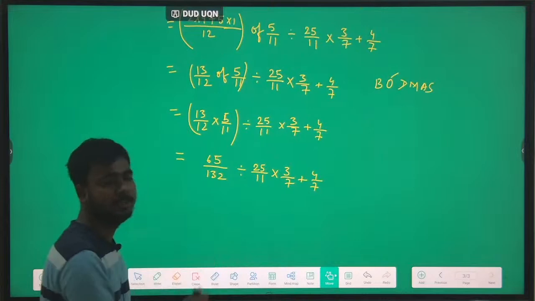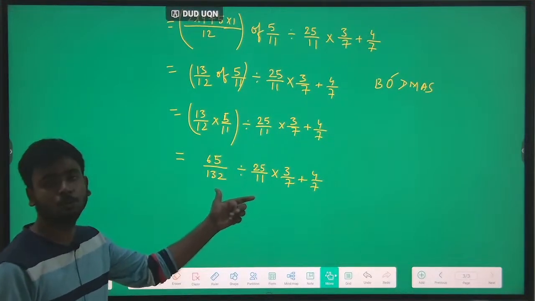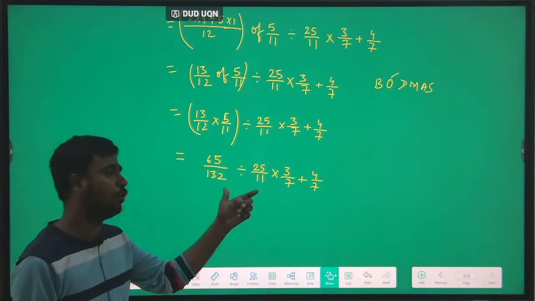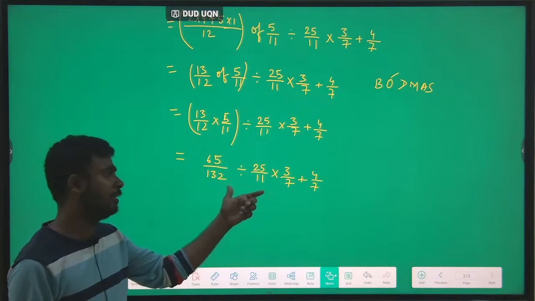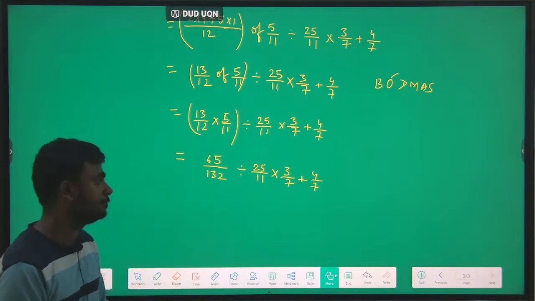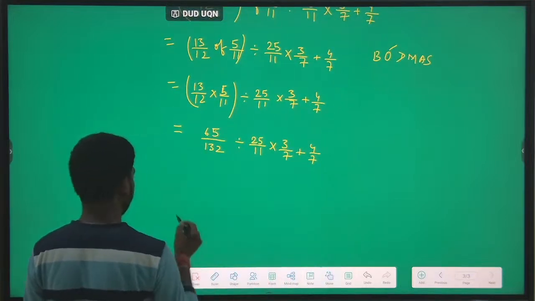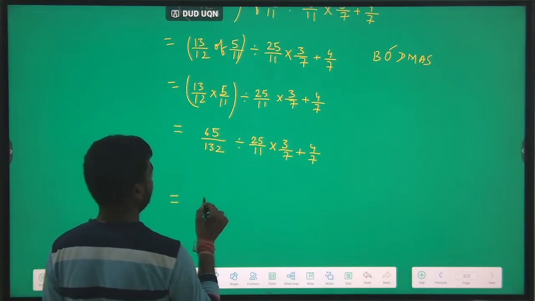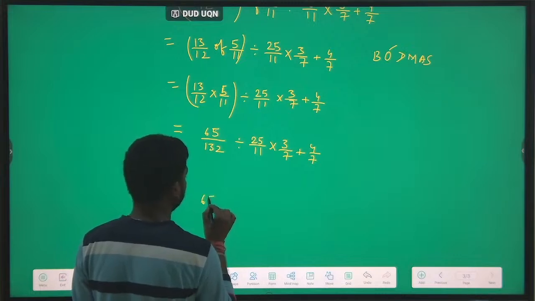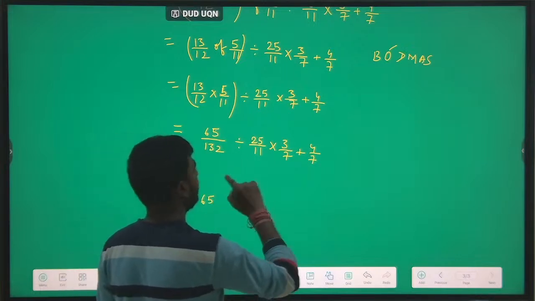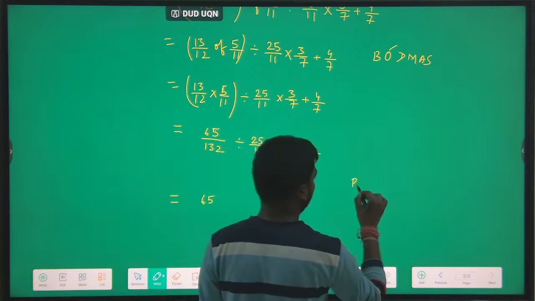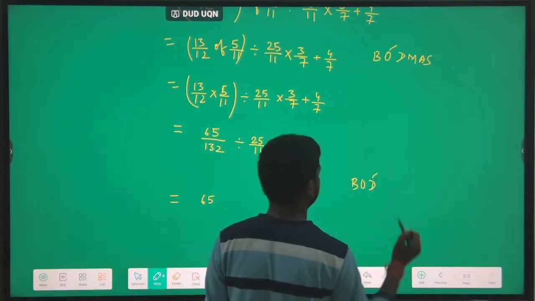Are you getting the point? It is very important to do it like this. If we do not do it like this, we will get different values. After this, what will we do? We have 65/132. After 'of', there comes division.